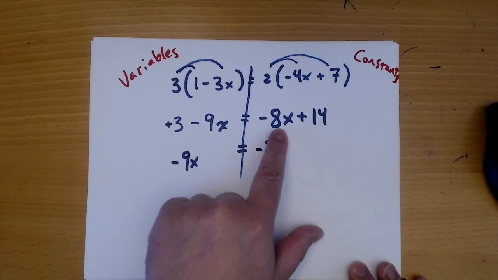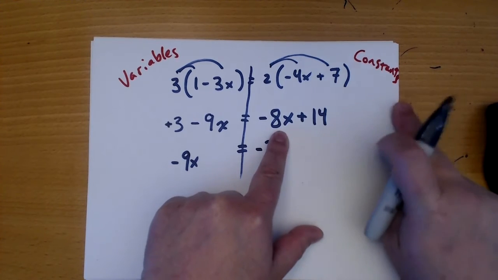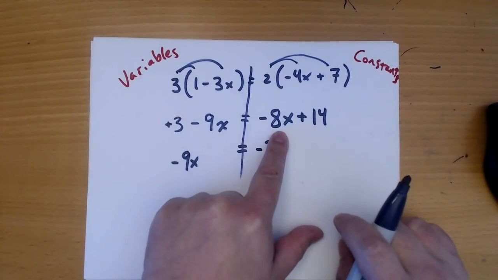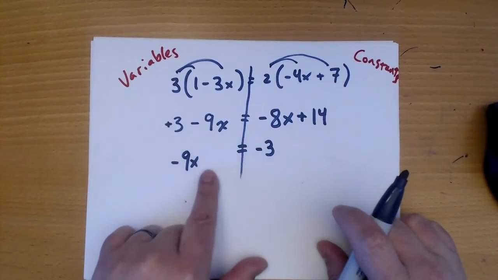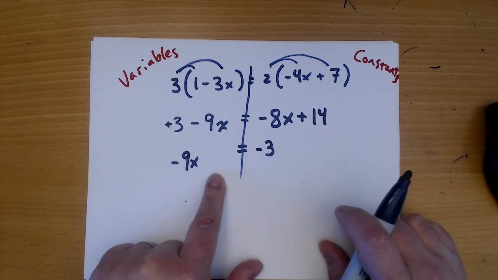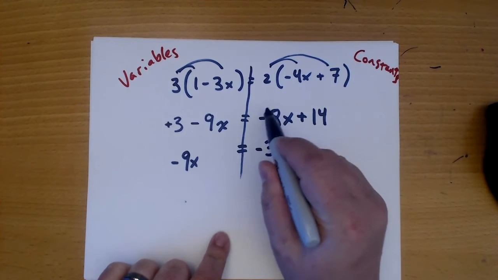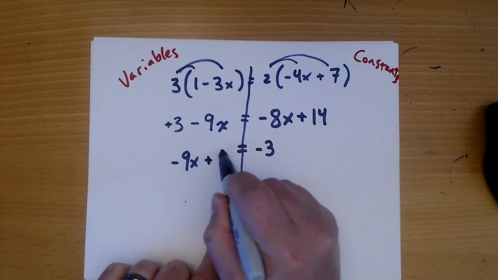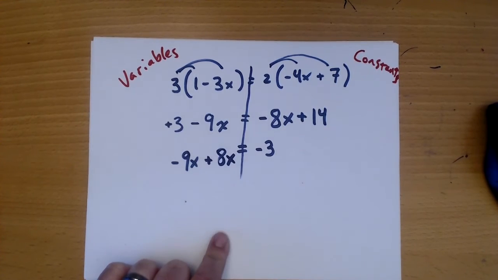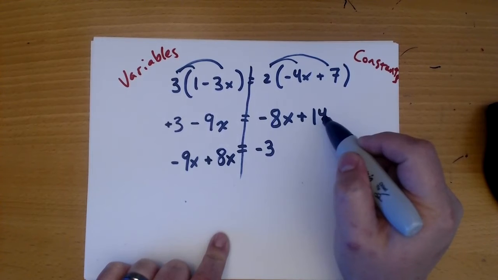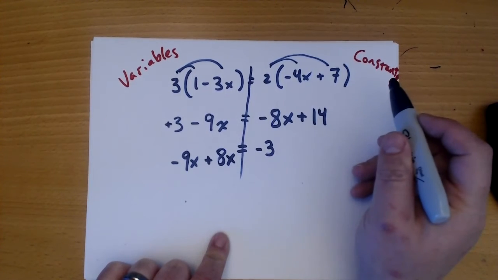This is also a variable. It doesn't belong here. This is the constant side. We want it over there. So we move it over here, and when it crosses the line, it changes sign. So what is negative here becomes positive. The 14 is a constant, and it's where it's supposed to be.